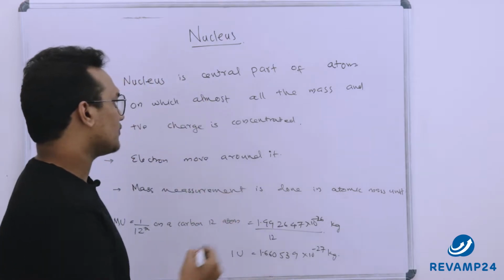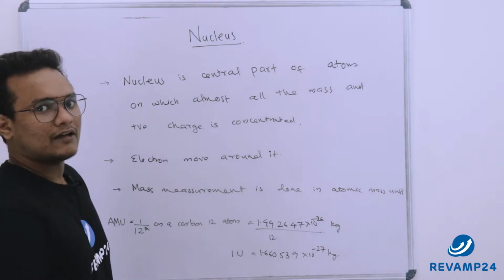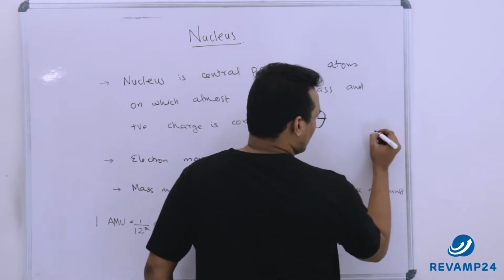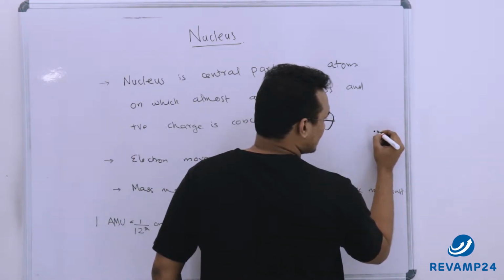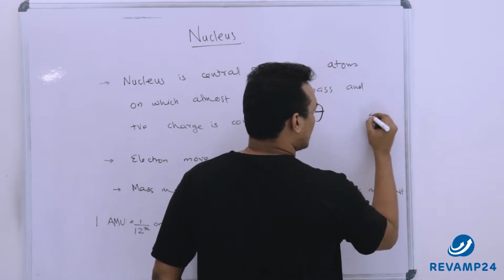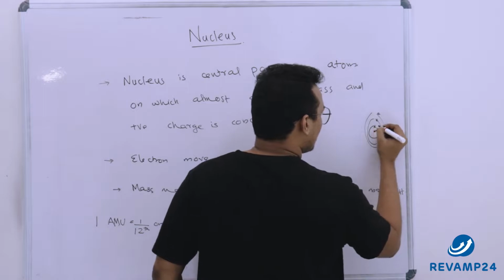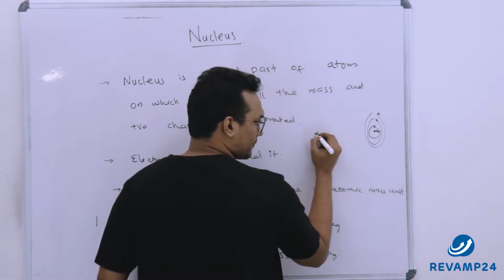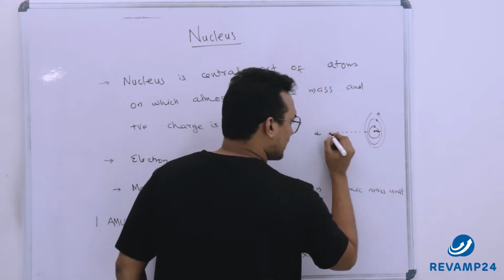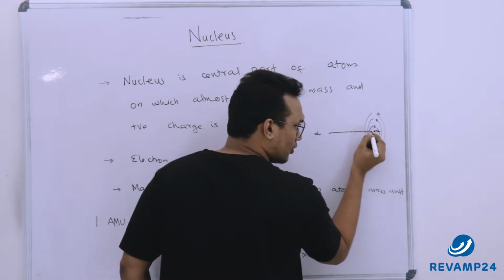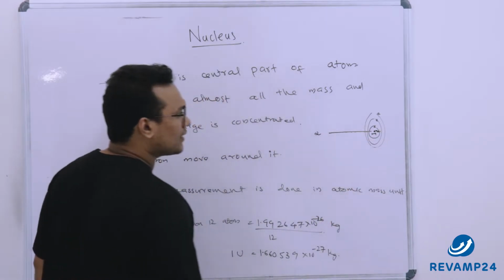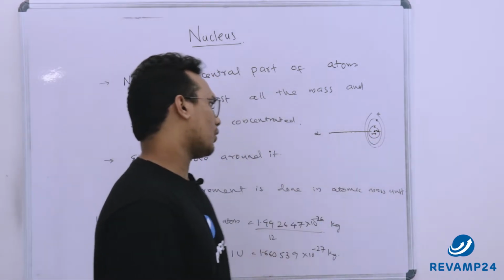So I will give you a quick recap of the alpha ray scattering experiment by Rutherford. We had the nucleus at the center and around that we have electrons revolving, right? So when the alpha ray is coming straight towards the nucleus, it reaches the distance of closest approach.